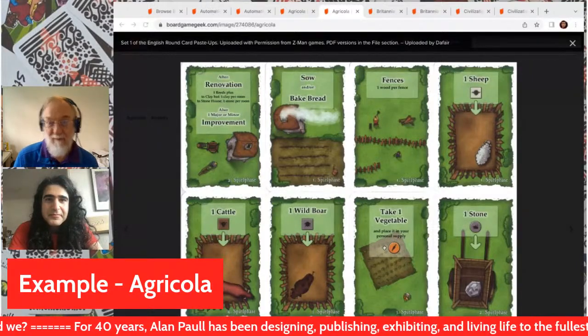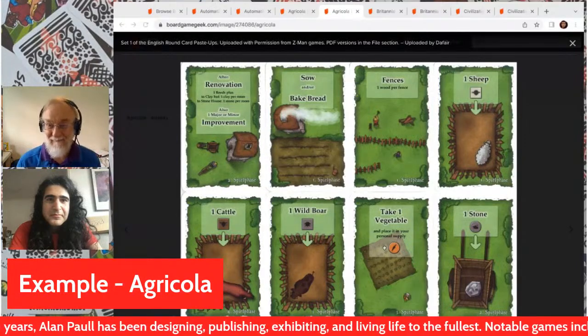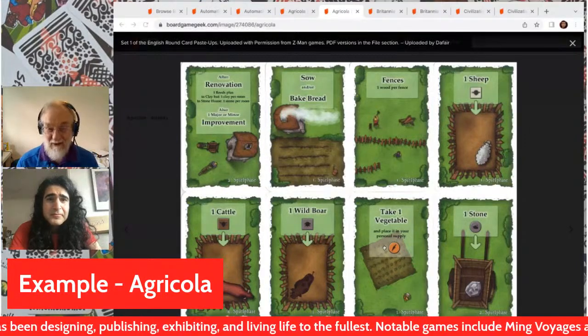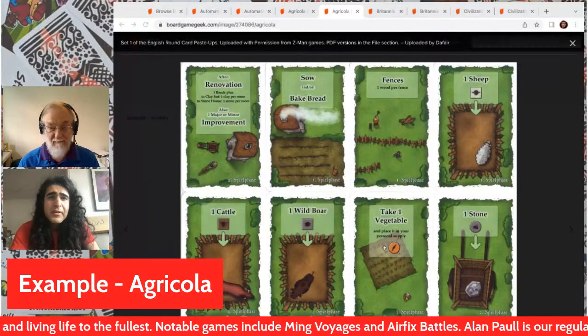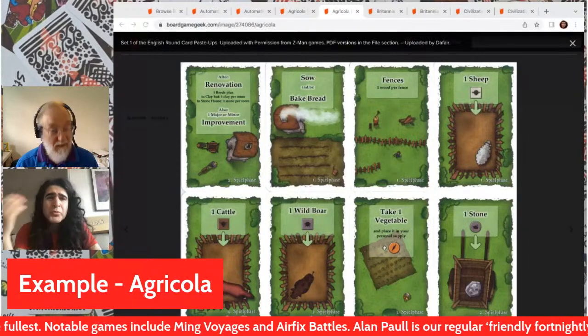The designer wants people to take all the actions that are available. So one of the easiest ways to do that is to bribe players by adding more resources, making it constantly more and more worthwhile.